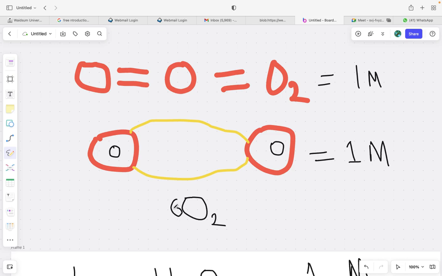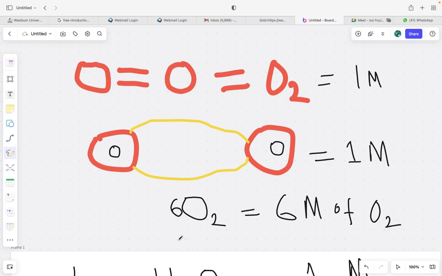But if I have 6 here, how many molecules do we have now? 6 molecules. This is 6 molecules of oxygen.